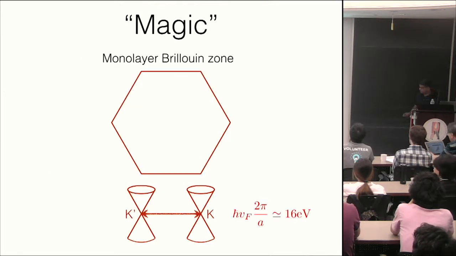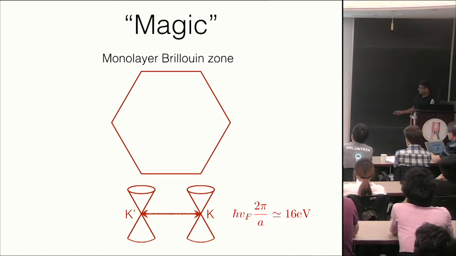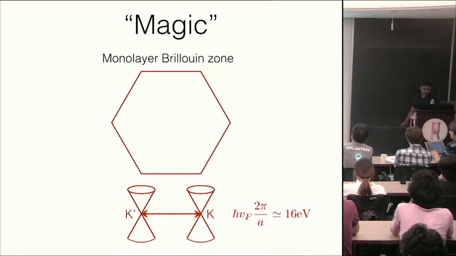Just to give you an idea for this dimensional analysis, when you have the Dirac points of the original graphene, they have some velocity, and there's an energy scale associated with them, which is the velocity divided by the lattice scale, and that's tens of electron volts.